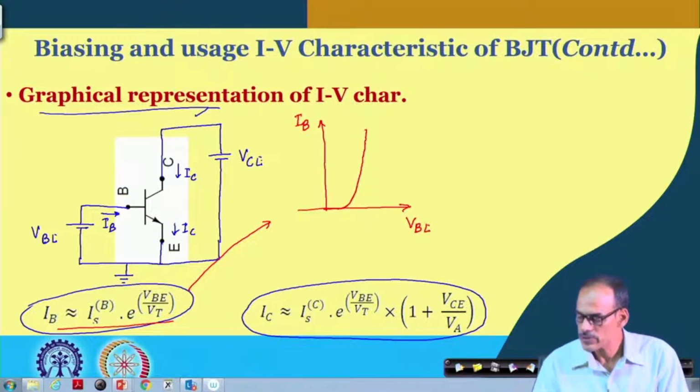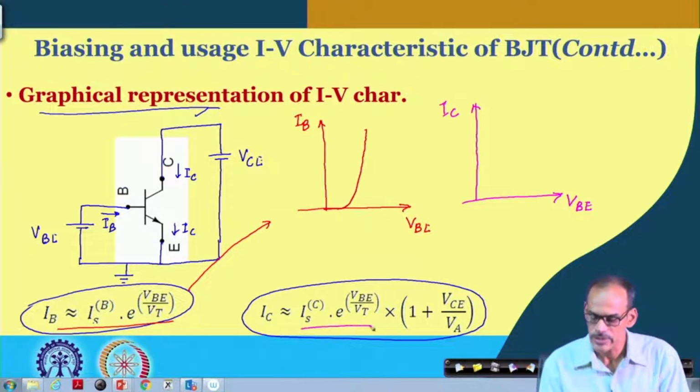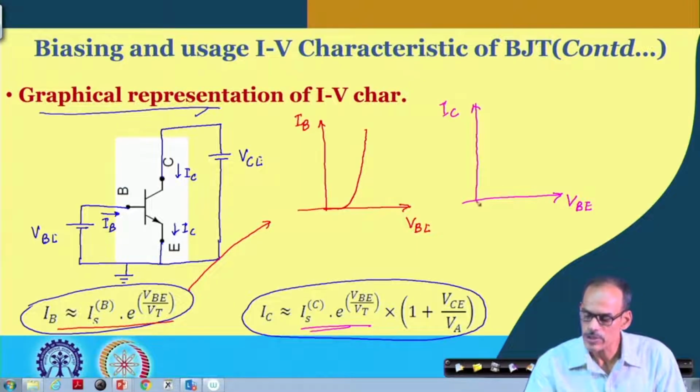Likewise, we also plot the collector current as a function of VBE. It may be noted that right now we are concentrating on the dependency of the IC current on VBE, and as you can see, this part is also exponential.